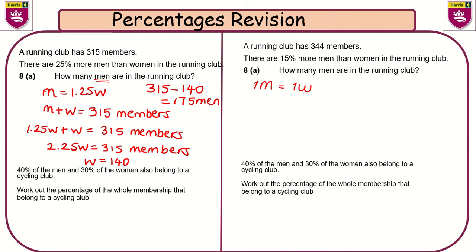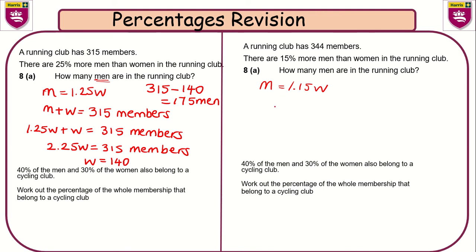So men is equal to 15% more than the right hand side. So if I add 15% on top of the 100%, that's going to give you 115%. Convert it into a decimal, you've got 1.15. So every man equals 1.15 lots of women.